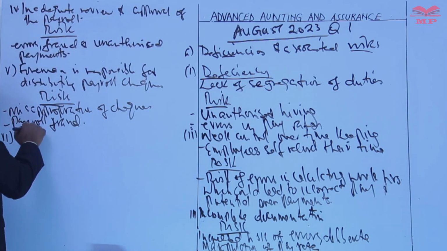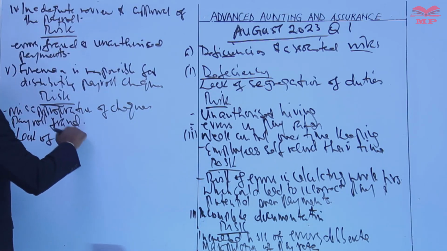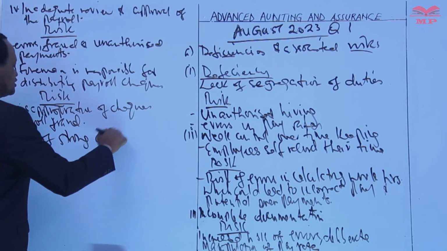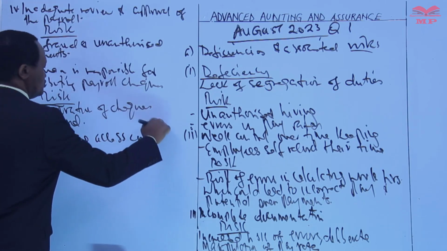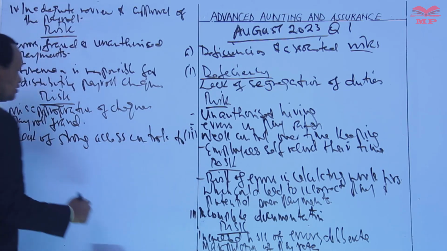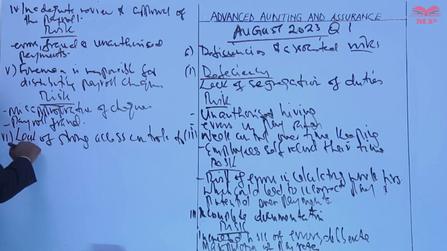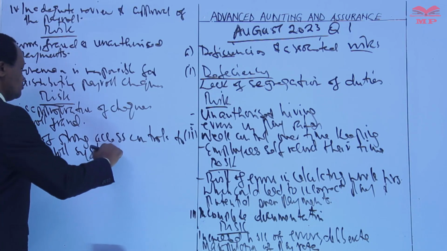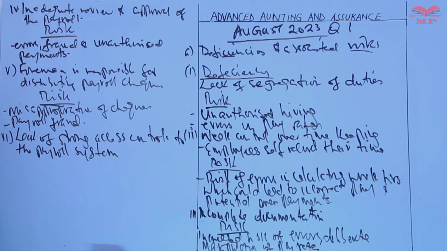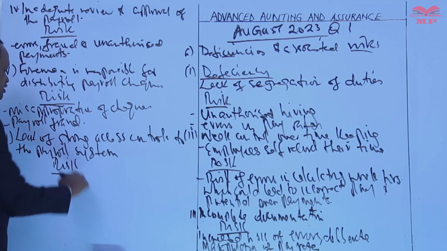Lack of strong access controls, and these are controls to the payroll system. What is the potential risk associated with this lack of access controls?